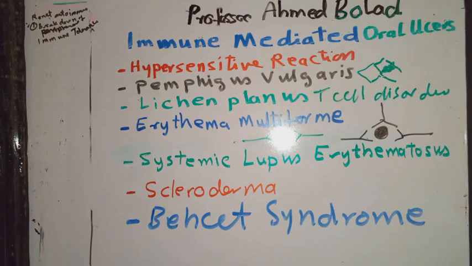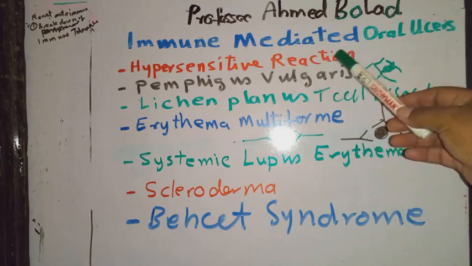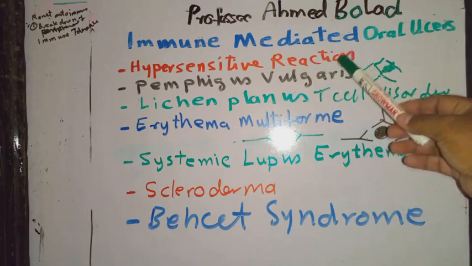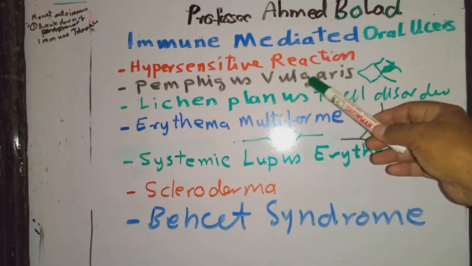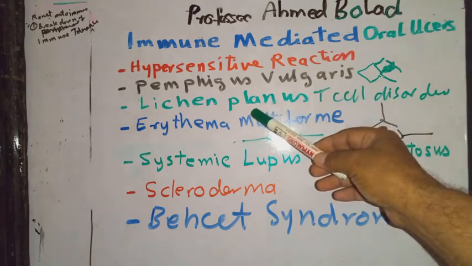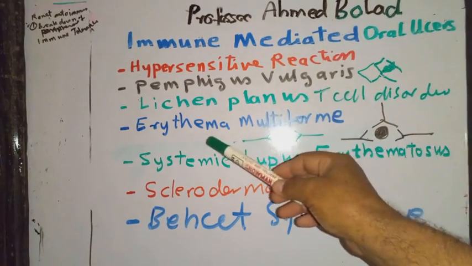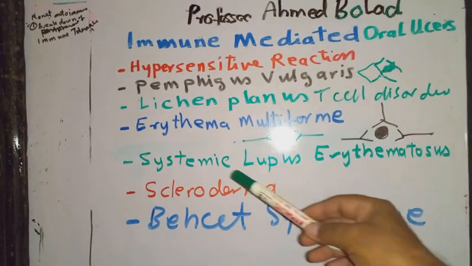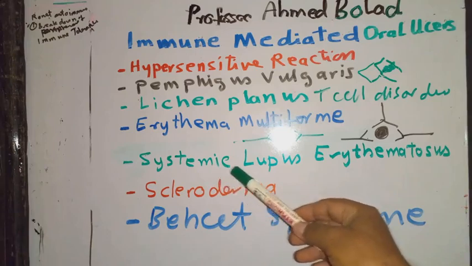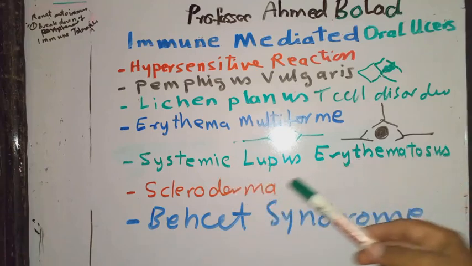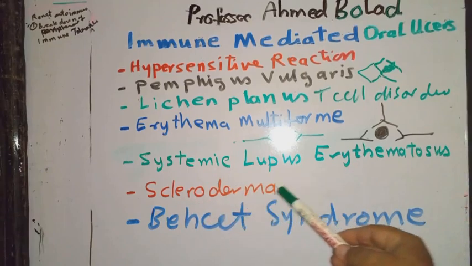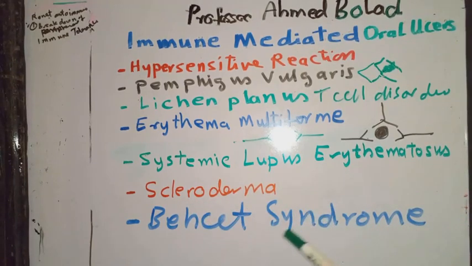And among the immune-mediated oral ulcers, the most important are ulcers due to hypersensitive reaction, ulcers due to Pemphigus vulgaris, or due to Lichen planus, or Erythema multiforme, or ulcers due to systemic lupus erythematosus, or in case of Scleroderma, or ulcers associated with Behcet syndrome.